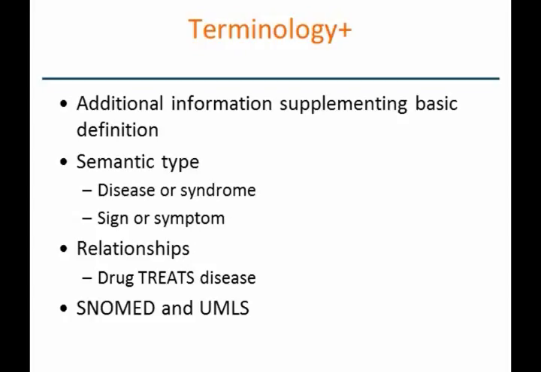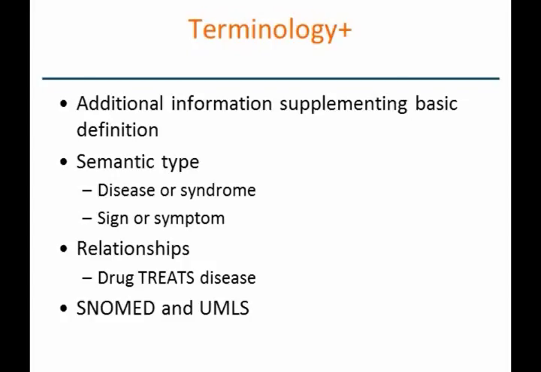So it would be nice to have a terminology with definitions, and it would also be very helpful to know what category the term was. It's what we call semantic type. What is it related to? Is it a disease or a syndrome, or is it a sign or symptom? You see, they're very different, a sign and symptom, or a disease and syndrome.